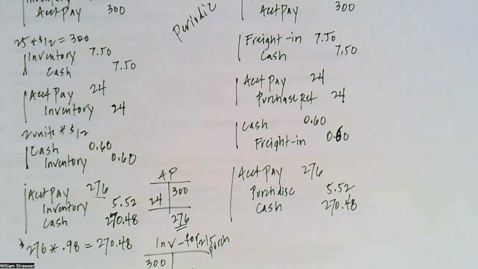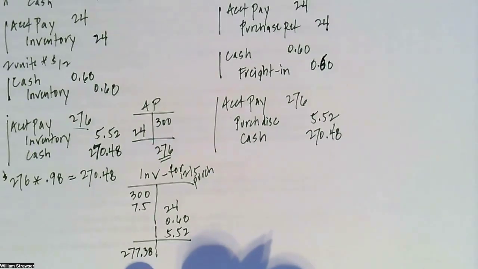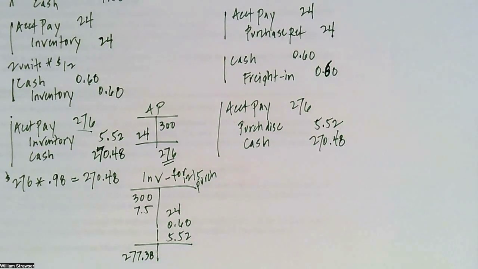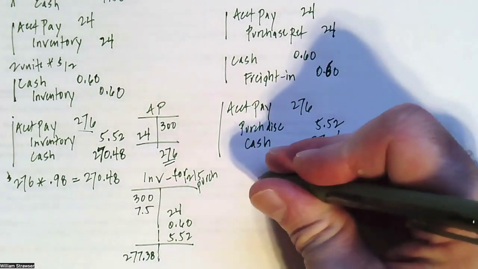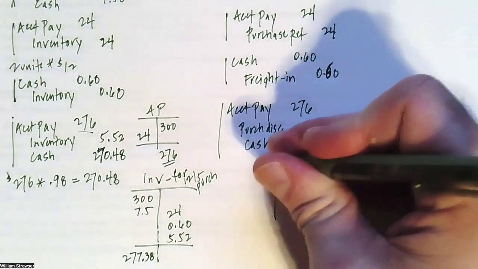Right, so this is the net movement to my inventory account. Another way to talk about this would be the net effect of my purchase, or net purchases, under the perpetual method. All of those accounts got logged into inventory, but they don't over here. Over here, we have a lot of different accounts making up net purchases.